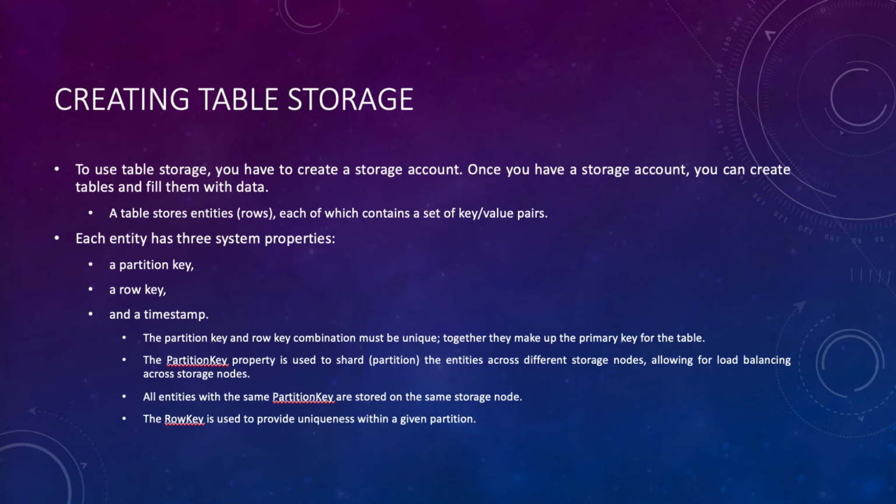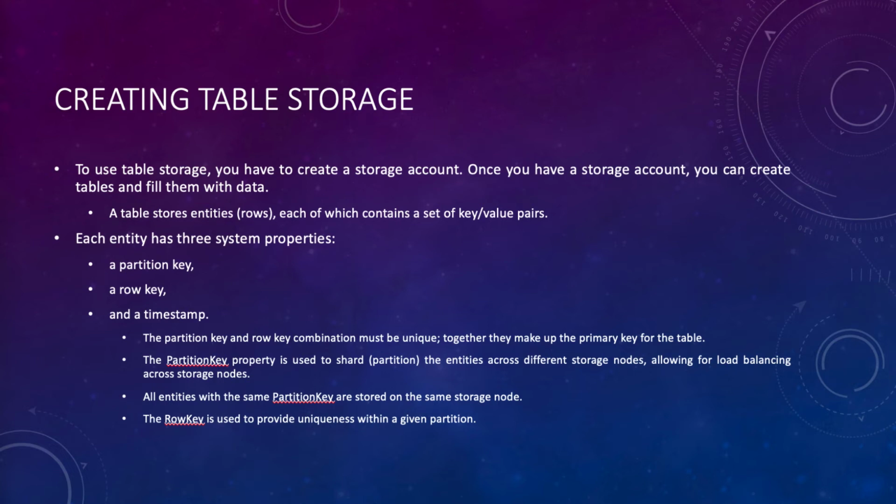In addition to the system properties, each entity has a collection of key value pairs called properties. There is no schema, so this is not SQL, remember that. So the key value pairs of each entity can contain values of different properties. For example, you could be doing logging and one entity could contain a payload of customer ID, customer name, request date and time, and the request itself.